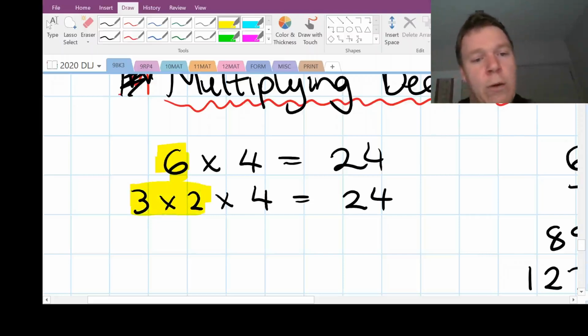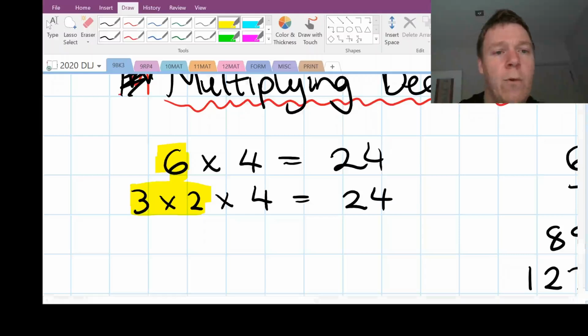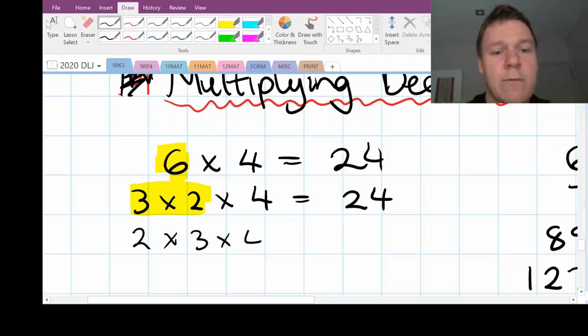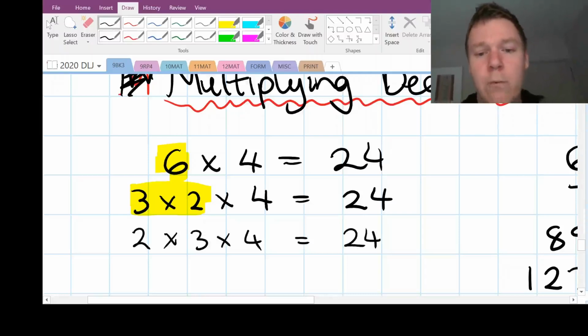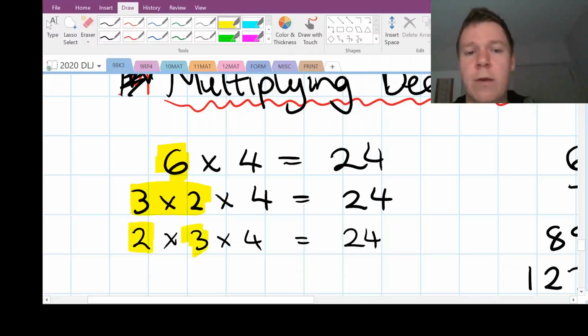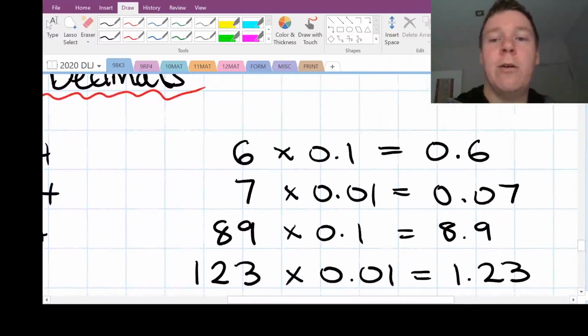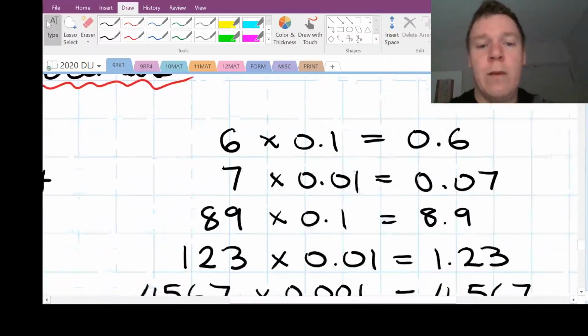And it doesn't matter which way you multiply 3, 2, and 4, any sort of order, 2 times 3 times 4 is also going to equal 24. So you can mix around the numbers and you're still going to come out with the same answer. So if you keep that in mind, we can think about a decimal.